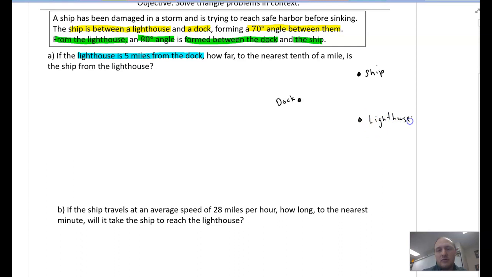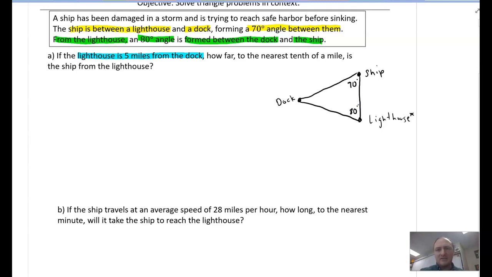If you just want to use letters, you can do that, but I have a triangle. It doesn't appear to be right, but let's apply the information. The ship between a lighthouse and a dock forms a 70 degree angle, so this is 70 degrees. From the lighthouse, an 80 degree angle is formed, so that's 80 degrees.